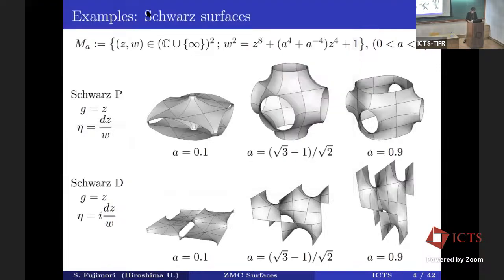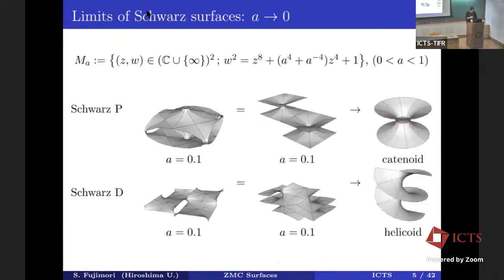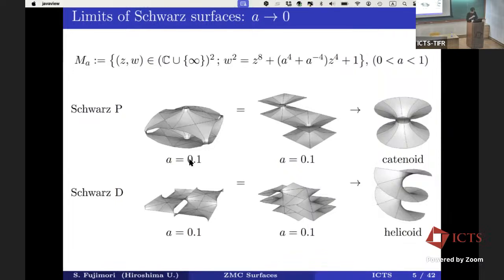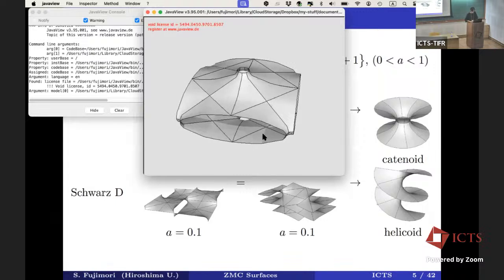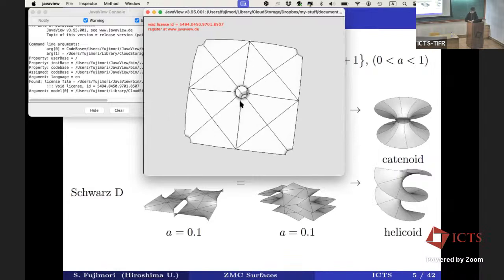Okay, and let's think about the limit of these surfaces as A tends to 0. Then what happens? So this is the Schwarz P surface with A equal to 0.1. And since this is triply periodic, here is the lattice. I don't draw the lattice, but you see the lattice.